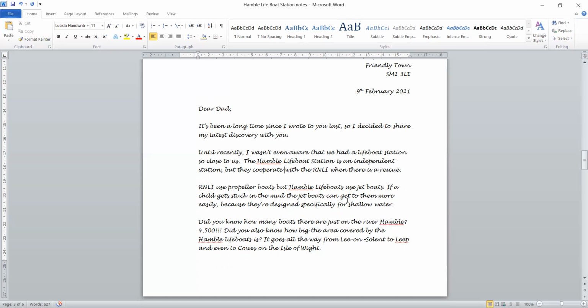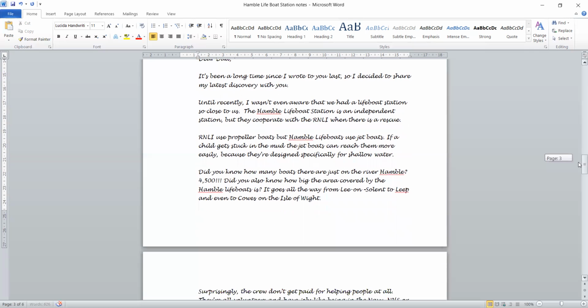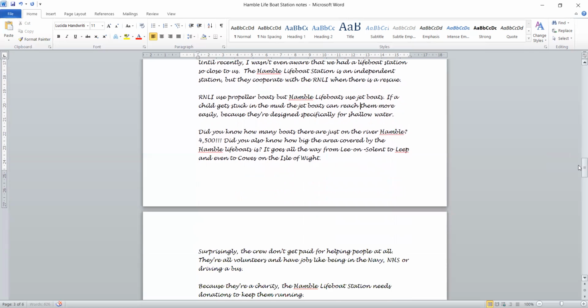Oh, definitely. I can definitely change get to them to reach them. Definitely change that verb. If a child gets stuck in the mud, the jet boats can reach them more easily. That makes a better sense, and actually it's much better, much higher level of writing.